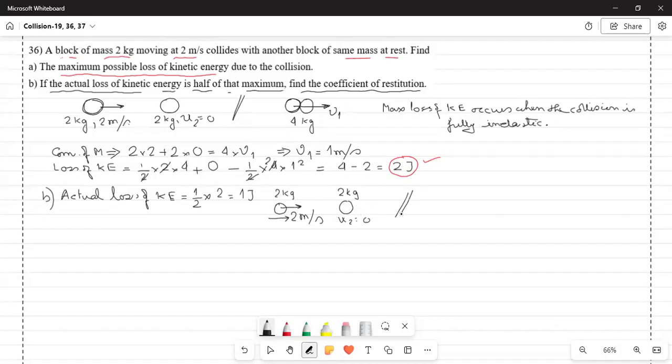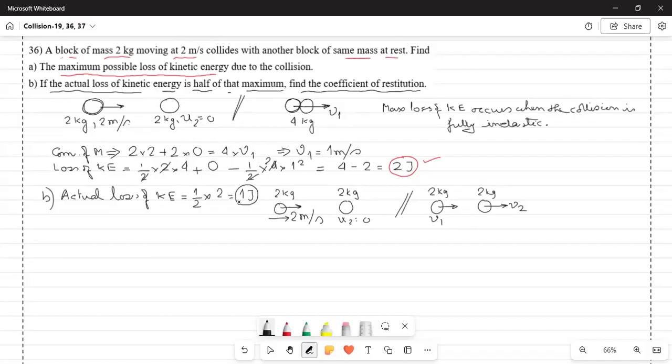After collision, the first body, which is a 2 kg body, let's say moves with a velocity v1. There is another 2 kg body, which is moving with a velocity v2. Second condition is like this: the loss of kinetic energy is equal to 1 joule.